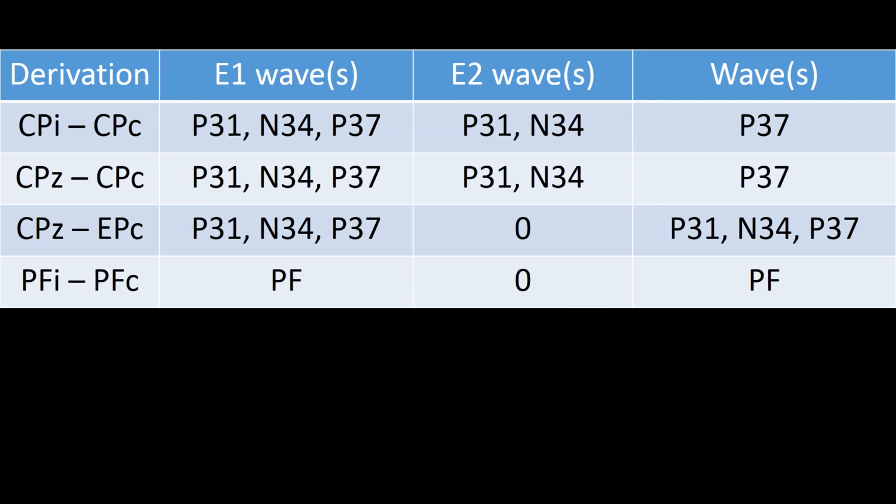And the last derivation usually used with posterior tibial nerve somatosensory evoked potential is the one going from the ipsilateral popliteal fossa, that is ipsilateral to the stimulation, to the contralateral popliteal fossa, or referring the popliteal fossa ipsilateral electrode to the contralateral Erb's point. The first of these two possibilities usually gives you better recording.